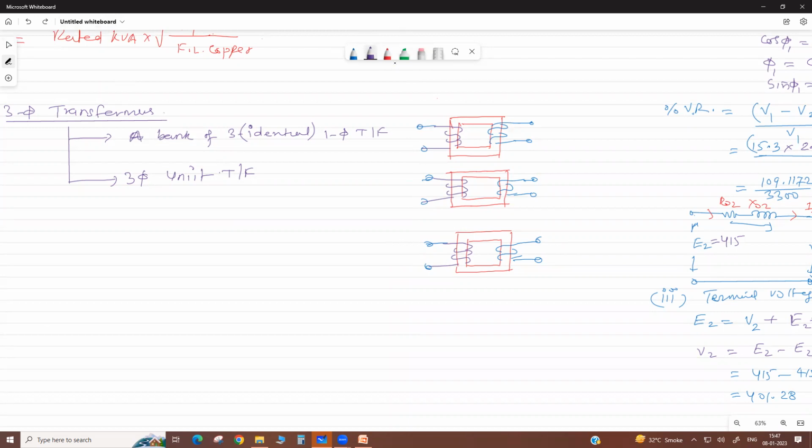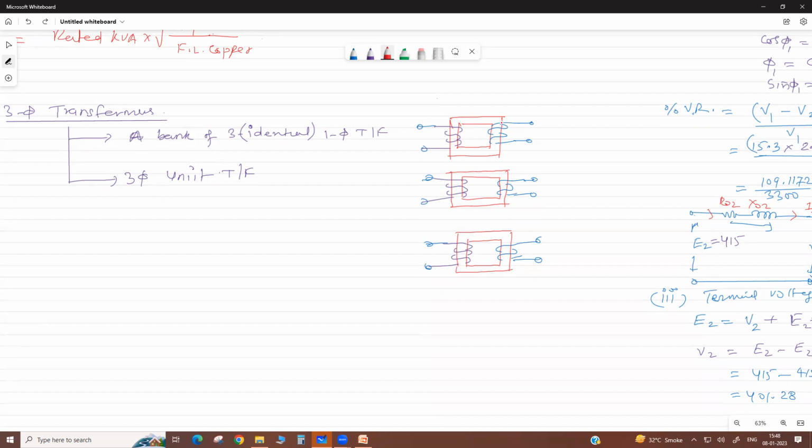What is the advantage here? First we take the bank advantage. Individual units can easily be lifted and shifted. Movement and transportation are easy, and they are light in weight.